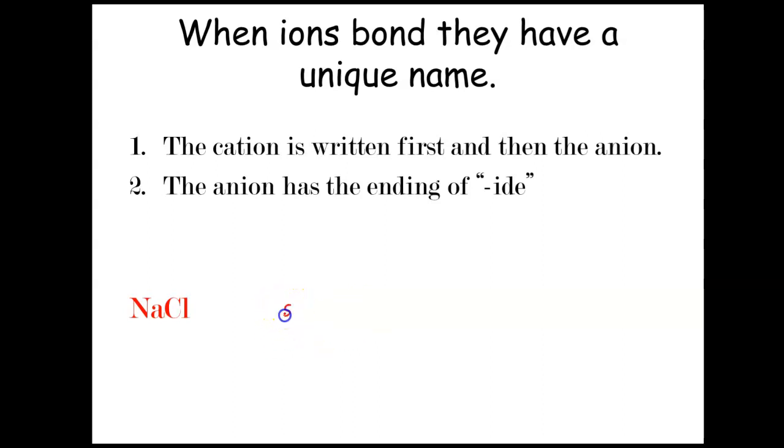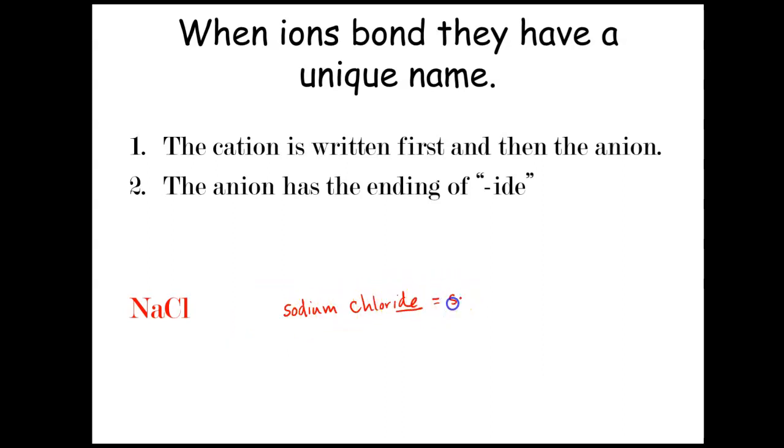So in this case, this is called sodium because Na is sodium. Sodium chloride. There's that ending of ide. Remember, the Cl is originally chlorine, but because it's now an anion, we call it chloride, sodium chloride.